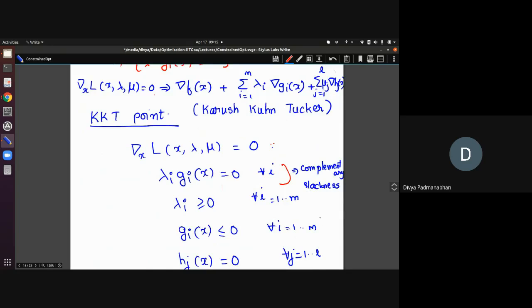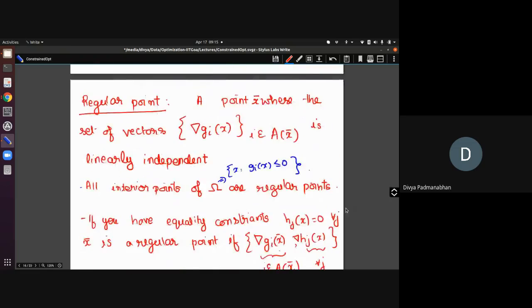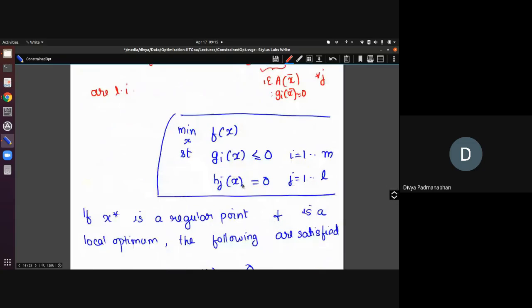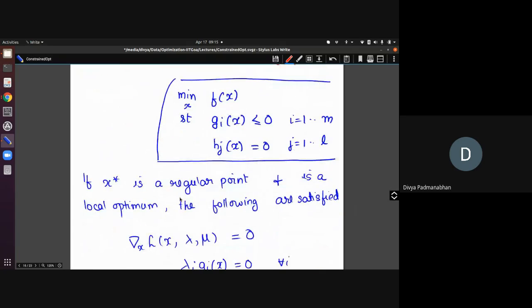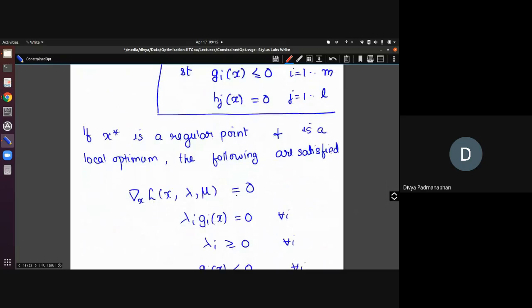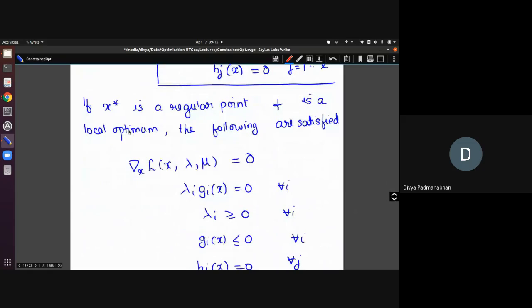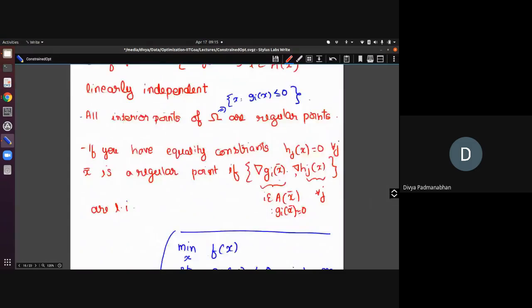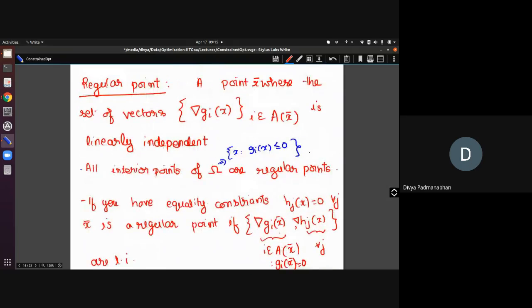We want that to happen. So this is a subtle point that you need to note: this is a necessary condition only when x star is a regular point. We won't go into a proof of this because a lot of things are needed to prove it, things like tangent surfaces, normal cones, and all that. I think that would just take away from the focus and objectives of the course.